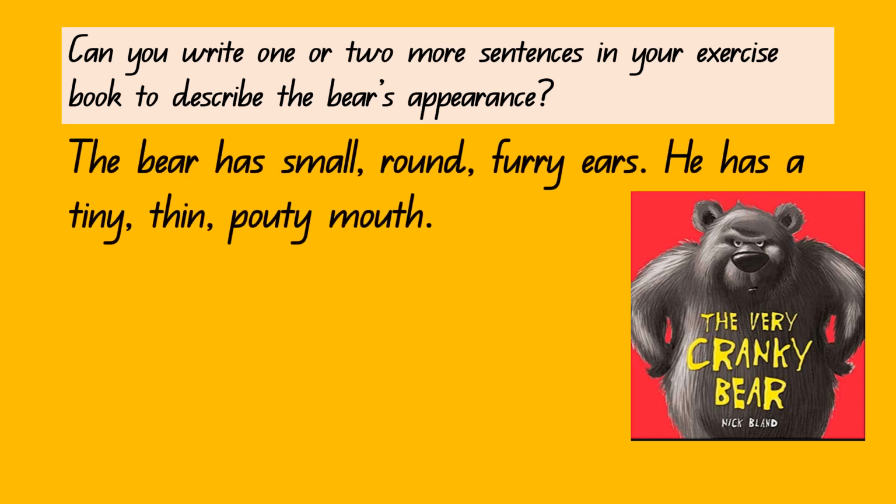So far, mine says, the bear has small, round, furry ears. He has a tiny, thin, pouty mouth. You can write those sentences too if you'd like to, and then I want you to think of one or two more sentences to describe what the bear has.